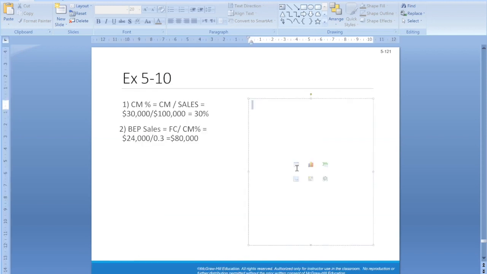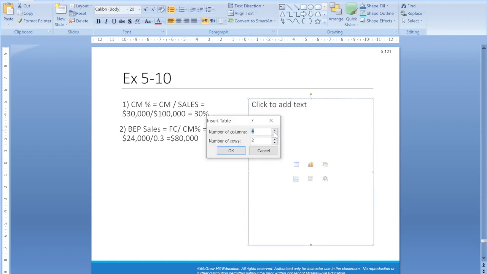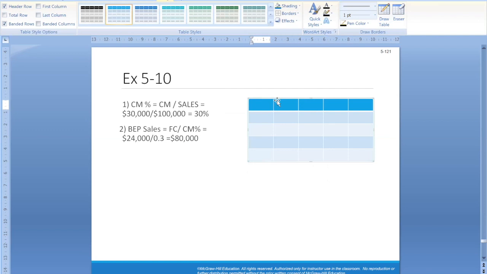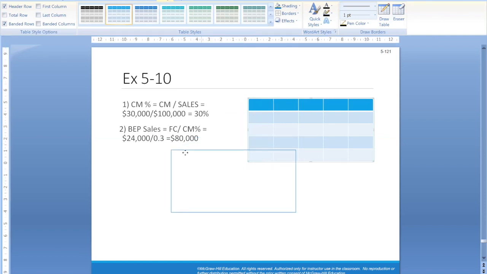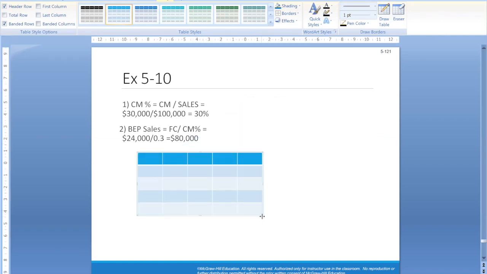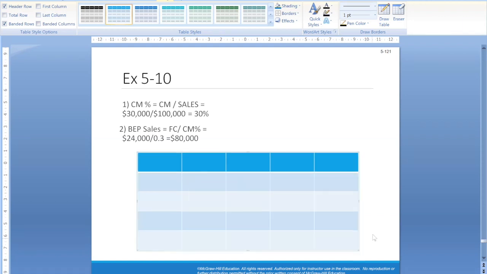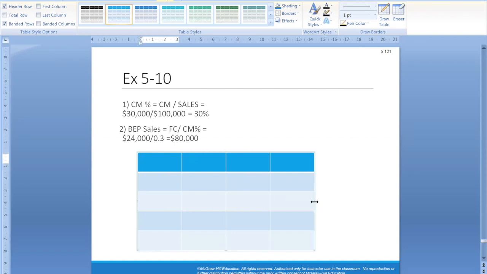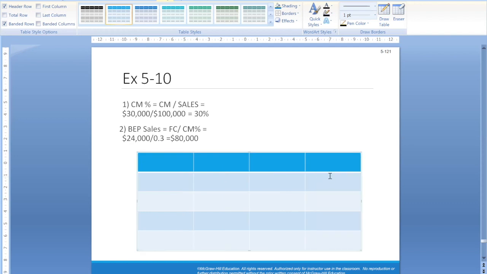So we need to prepare an income statement, and this income statement will give you the break-even point, because we have a break-even of 80,000.